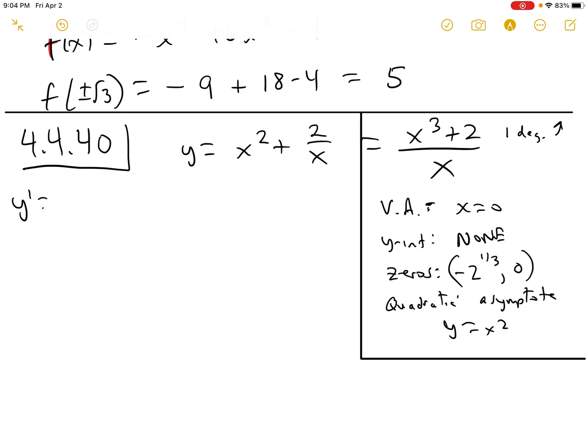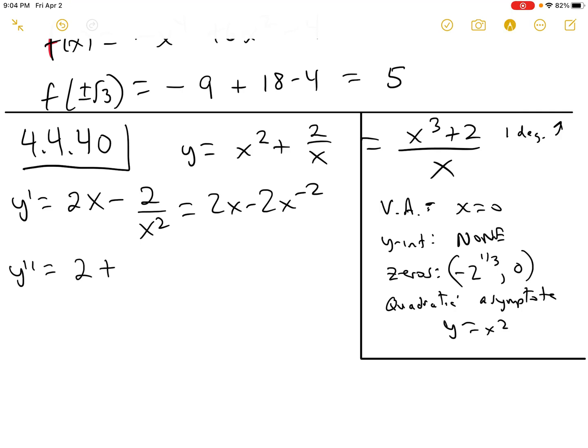Y prime is 2x minus 2 over x squared, which is this. And so y double prime is 2 plus 4x to the minus 3.